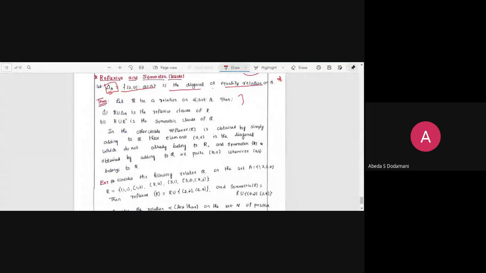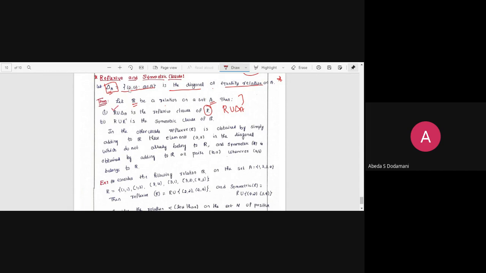We will focus on this particular result, wherein we will understand what exactly reflexive and symmetric closure is all about. Let R be a relation on a given set A, then R union delta A, where delta A is the relation where a is related to a for every element belonging to A, is the reflexive closure of R. So let R be any relation.